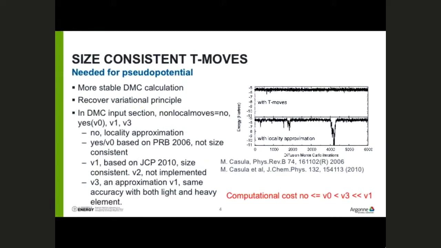We added a new option, V3, which is basically an approximation of V1, but almost retains the same accuracy and runs much faster. Remember that V1 is very slow, but it reproduces exactly the same algorithm as the paper. But V3 is what I would recommend to users.